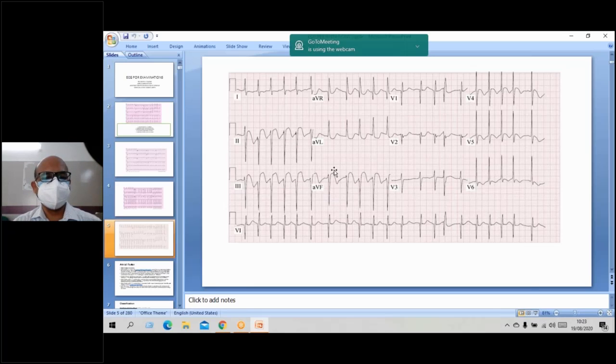So sometimes you will get etiological diagnosis from your ECG. Okay. So this ECG gives a clue to your diagnosis. Most likely this patient has ST elevated myocardial infarction, and this patient also produced a complication, atrial fibrillation.